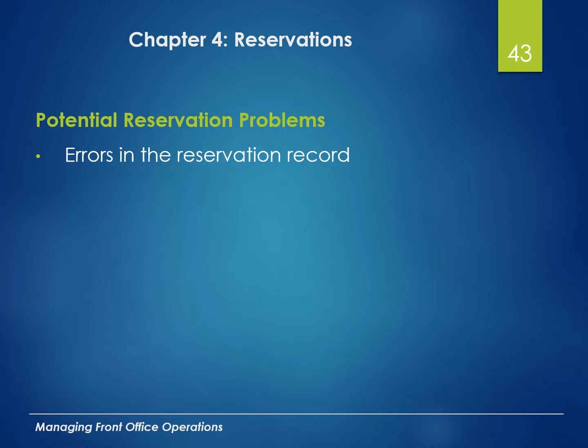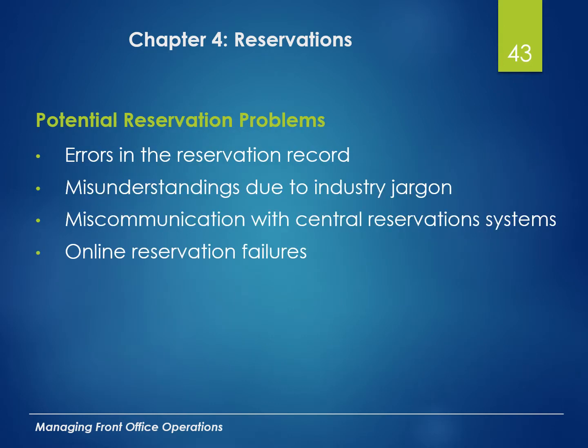All right, different problems we can experience during the reservation are errors in the reservation record. So is their name misspelled? As they were typing it in, did they accidentally put in a number in their name or put an extra letter in the name? So we want to make sure that we update that if possible.